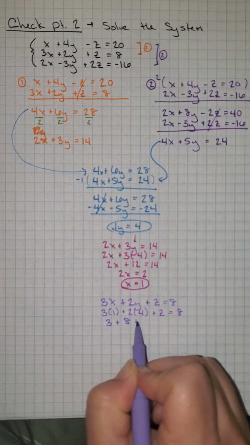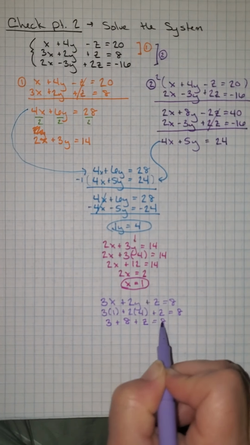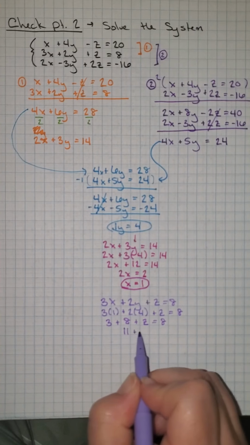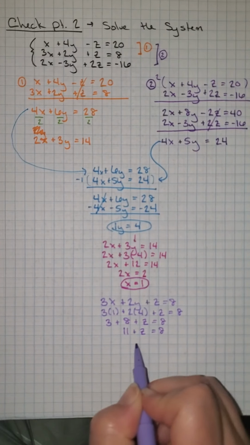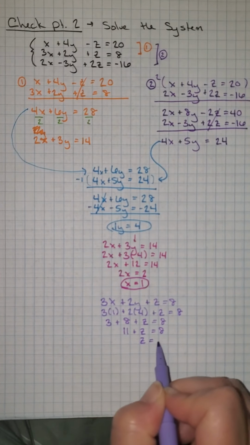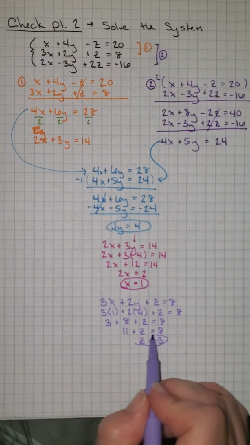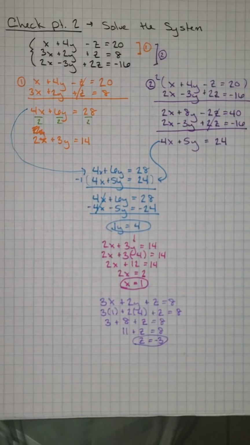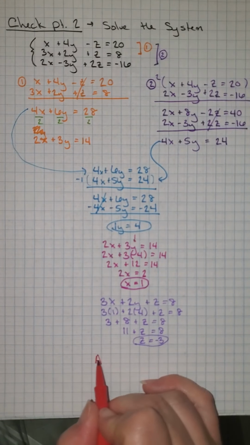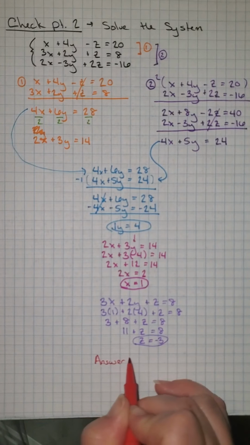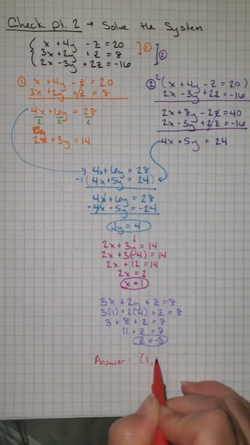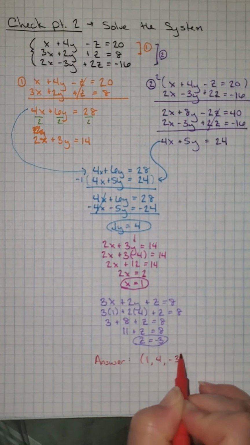So 3 plus 8 plus z equals 8. 11 plus z equals 8. Z equals negative 3. Okay, so z is negative 3 when we subtract the 11. So our final answer will be 1, 4, negative 3.